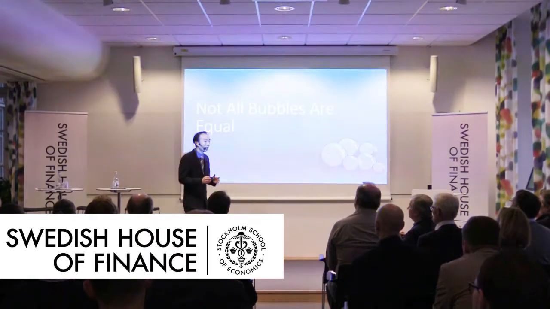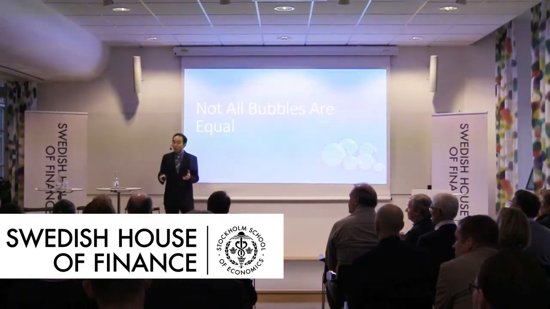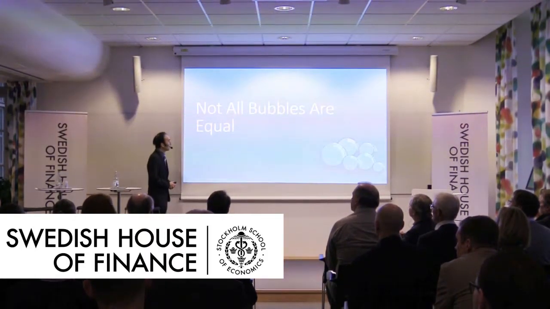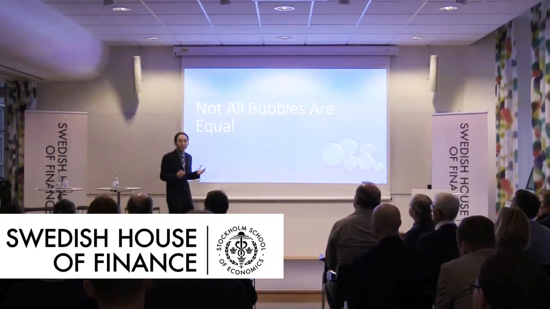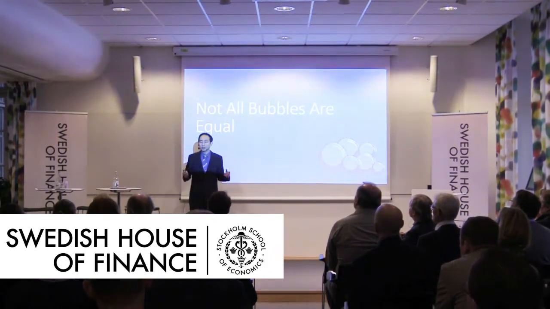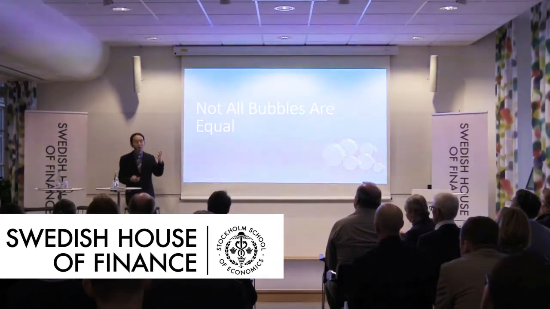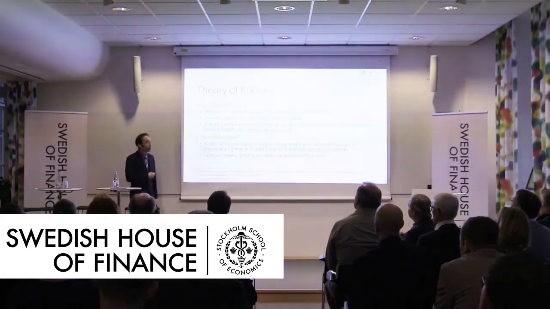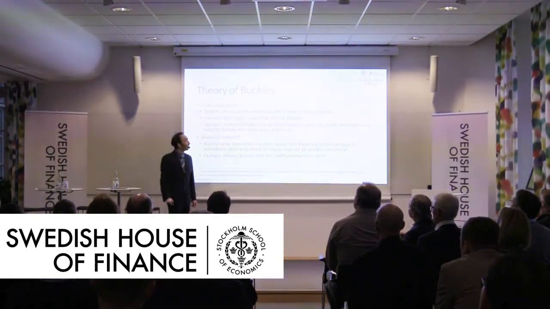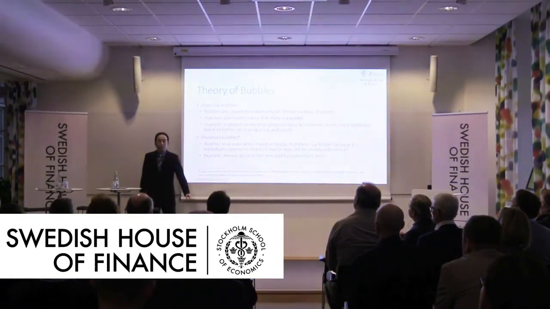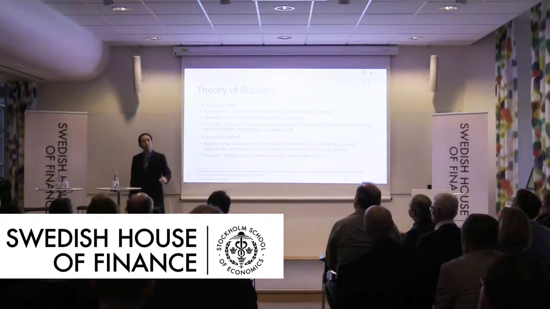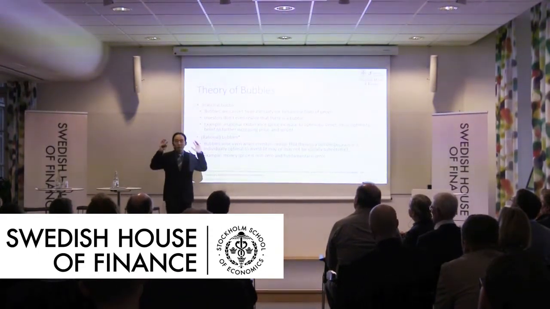All right. So let me start with the theory. As I said, there are different types of bubbles. Not all the bubbles are equal. So we have to know what kind of bubbles there are theoretically and think about the implications of that. All right, so what's the most well-known type of bubble when people think about bubbles?